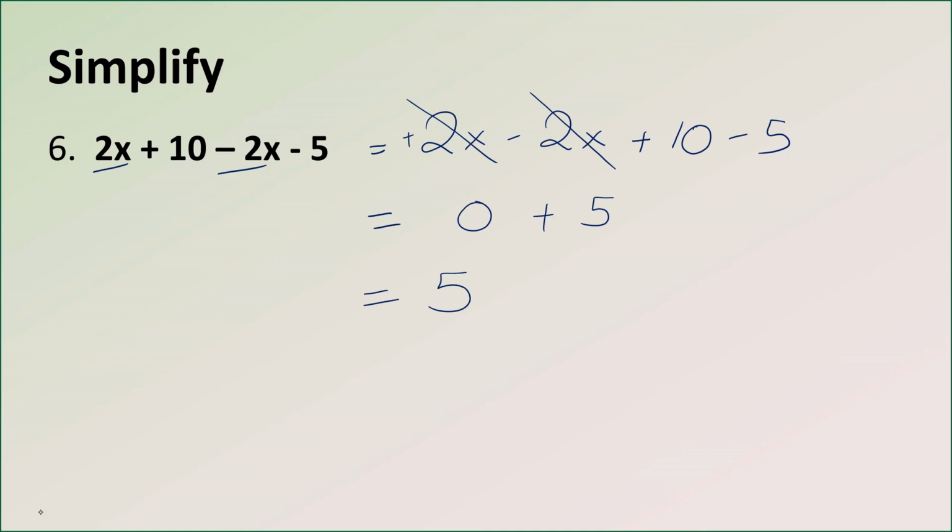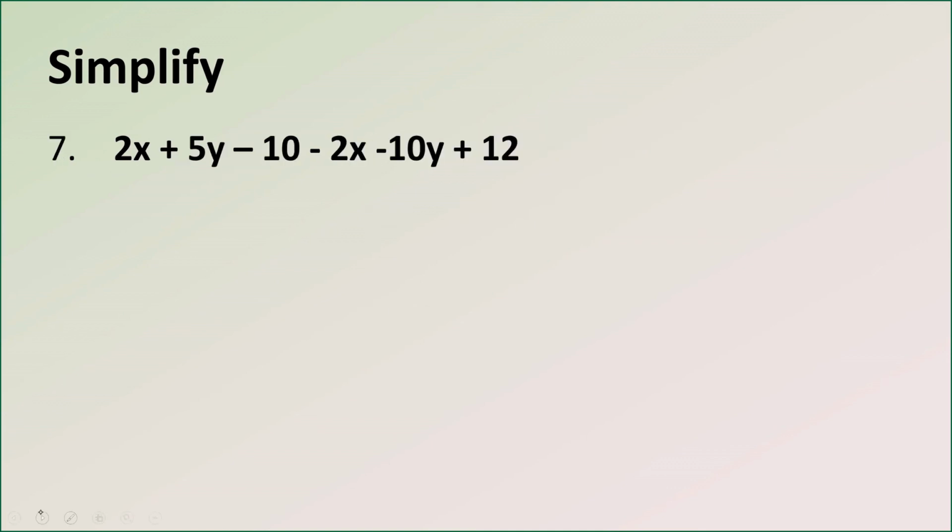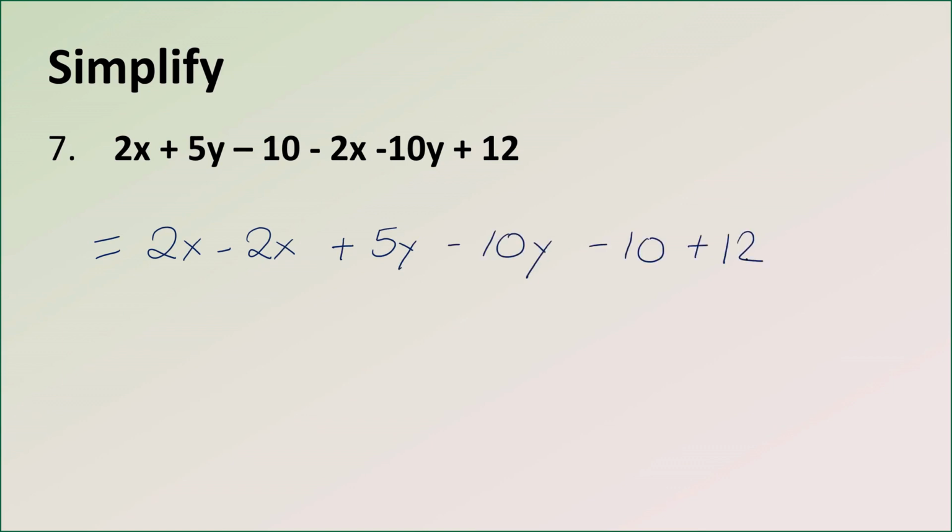The last one. Look what we have. We have 2x, 5y minus 10, minus 2x, minus 10y, and plus 12. Now, let's rewrite. 2x minus 2x, they get cancelled out because one of them is negative, one of them is positive.